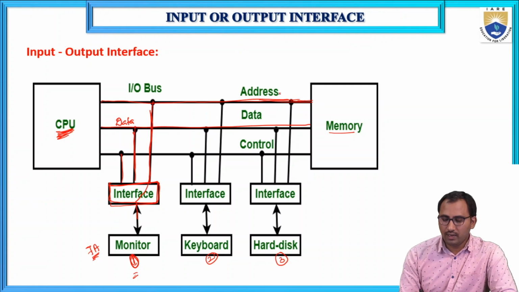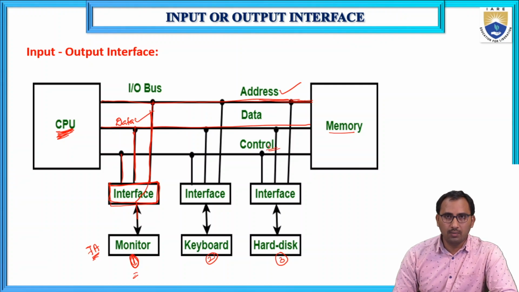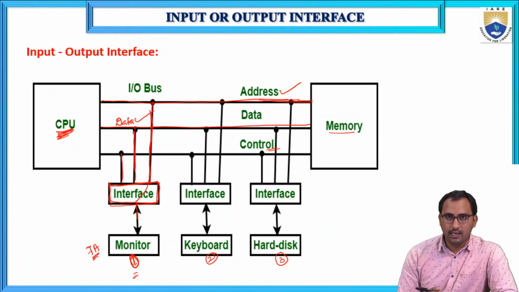Now we have discussed the address bus and data bus. The third one is the control bus. The control bus is used to control the direction of operation. We perform two types of operations with the IO devices: IO read and IO write. IO read means reading the information from the IO device and giving it to the CPU.